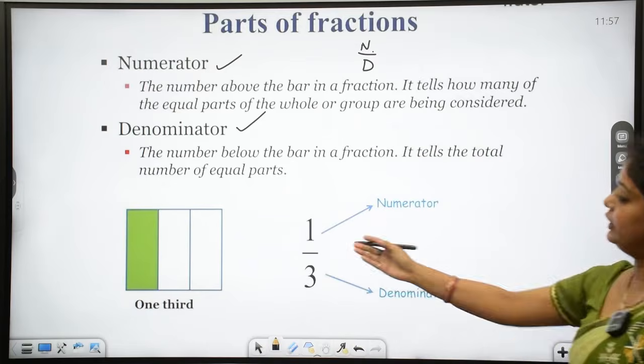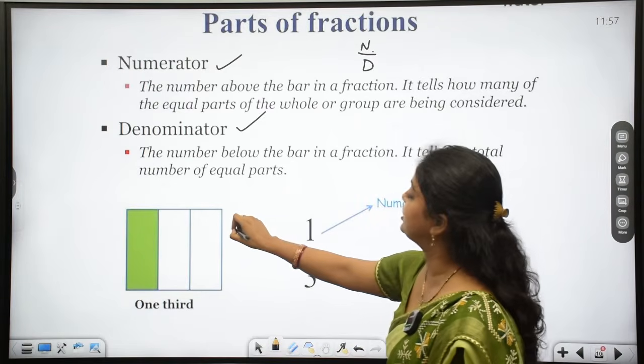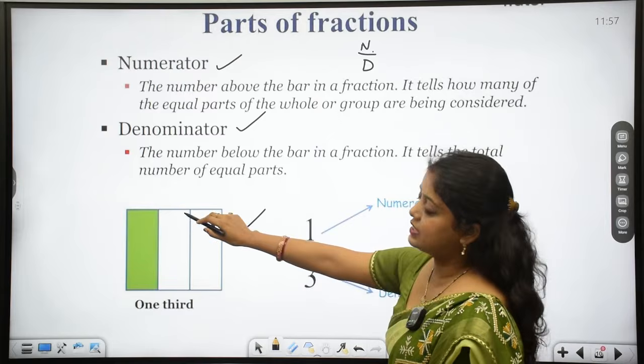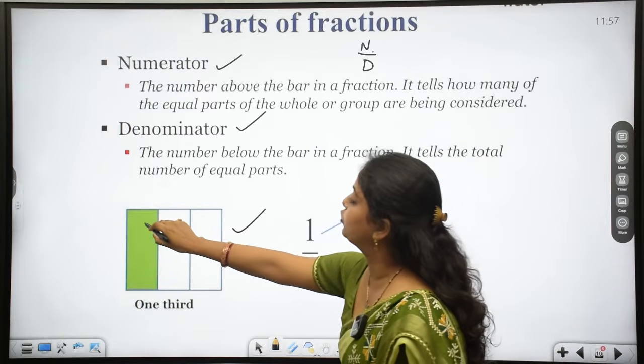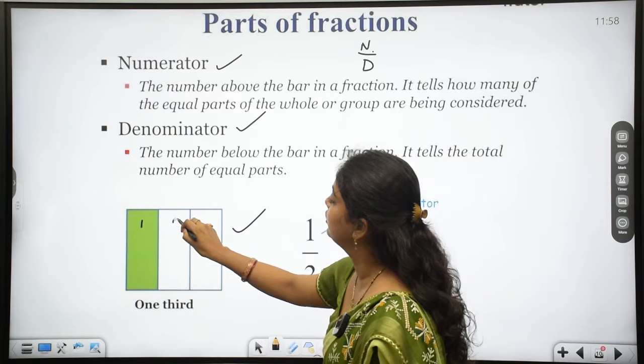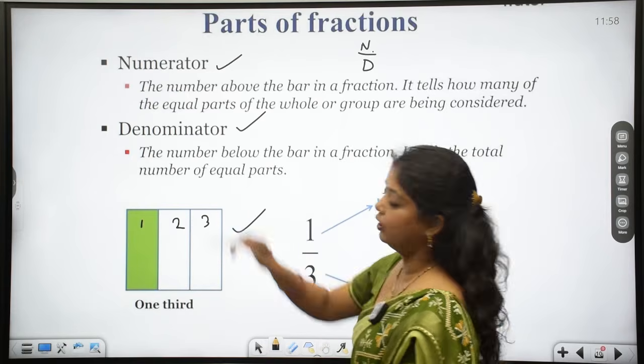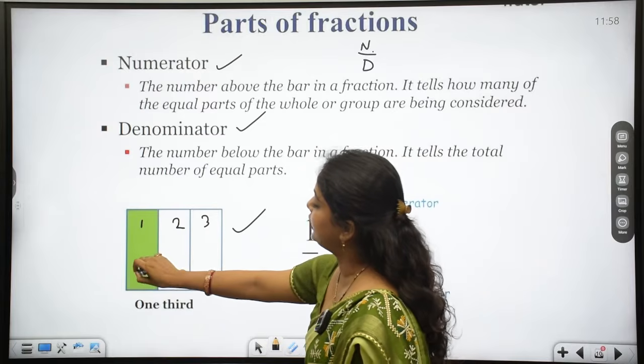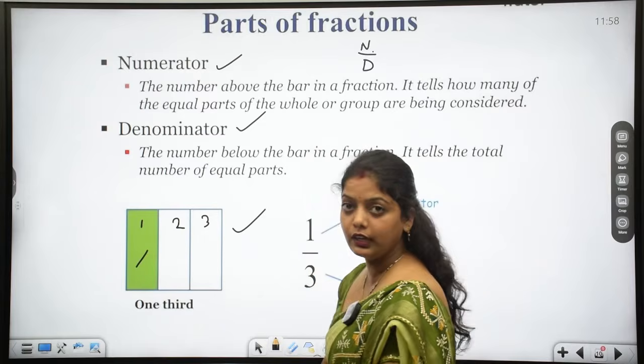For example, we can see a picture given over here. In this, you can see this square is divided into 3 equal parts, 1, 2 and 3. Also, you can see one part is shaded. Clear?